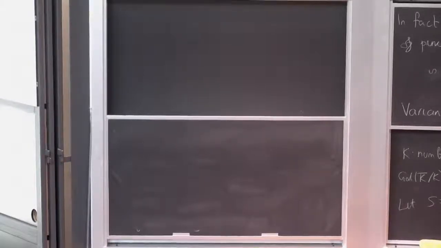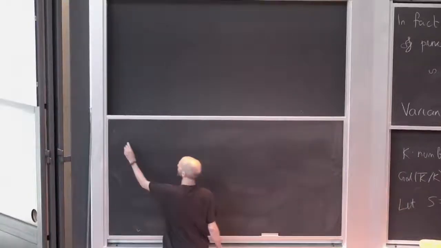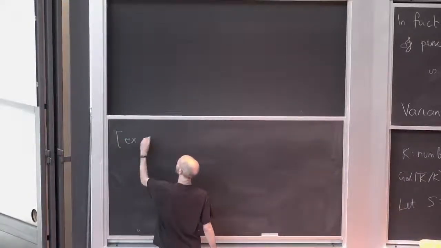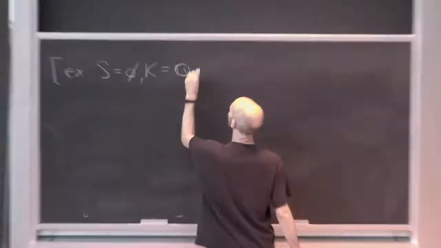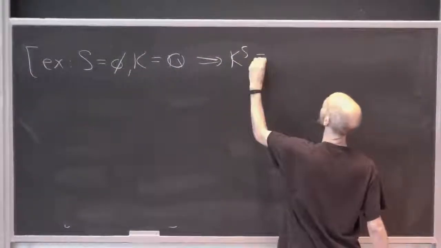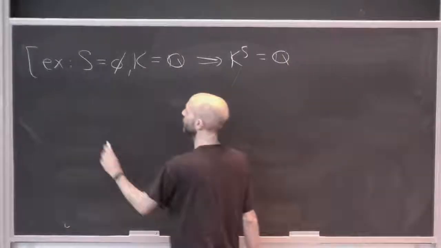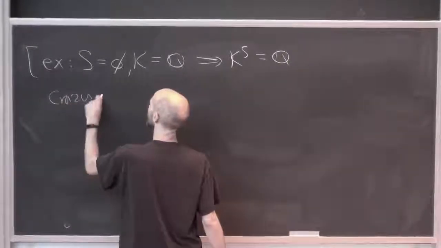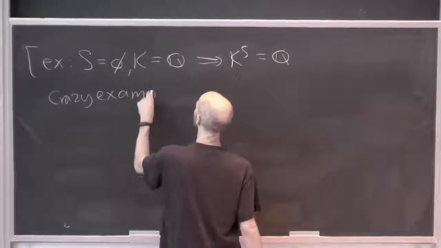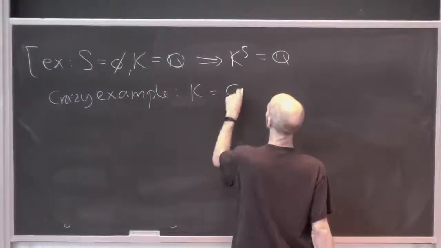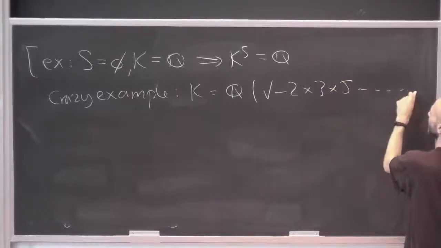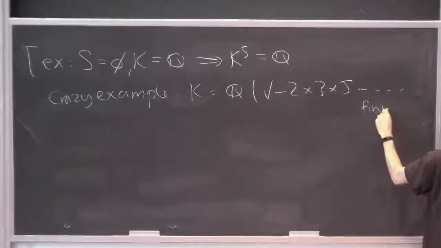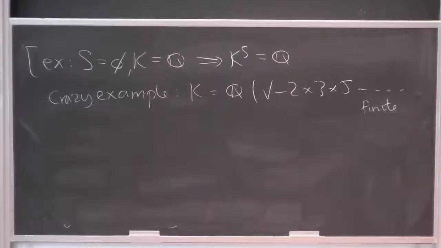Maybe while I'm here, kind of dumb example. If S is empty and K is Q, that implies that K_S is Q. Kind of crazy example. If K is sort of Q of the square root of -2 times 3 times 5 times, there's some random, this is finite, but I forget where you have to go up to, like hundreds.